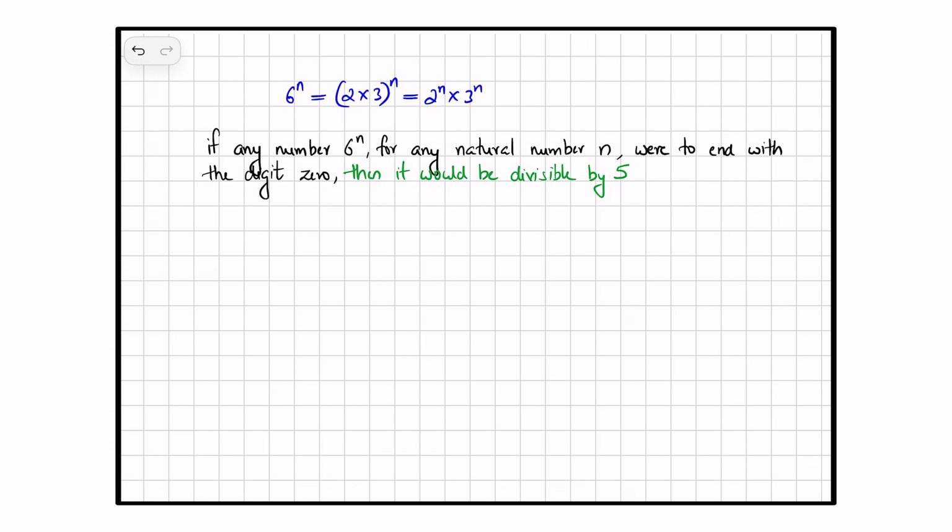Okay, so if any number 6 power n, for any natural number n, were to end with the digit 0, then we can understand it should be divisible by 5. That's the thing that we have to check. Now what happens when we factorize 6 power n? We saw the factorization coming to 2 power n and 3 power n.